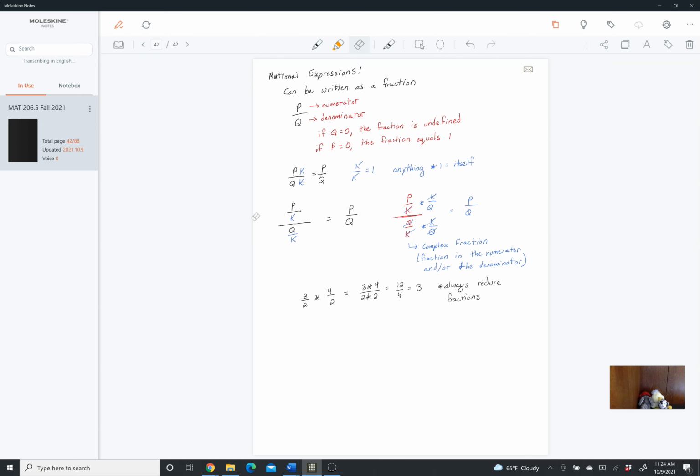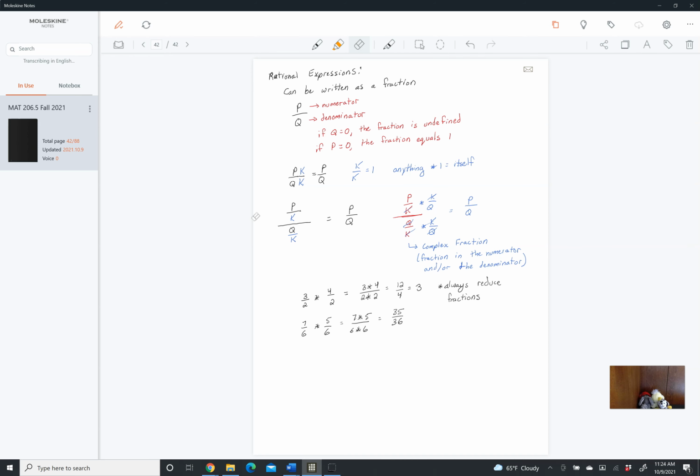If we have 7 over 6 times 5 over 6, again, you multiply straight across when we deal with fractions or rational expressions. In this case, we got 35 over 36. We can't reduce, so we just leave it. Okay, so this is how it would work with numbers.